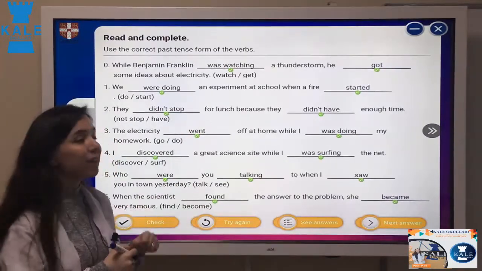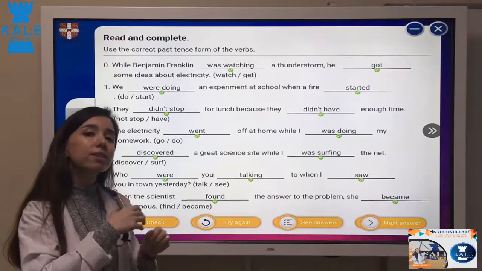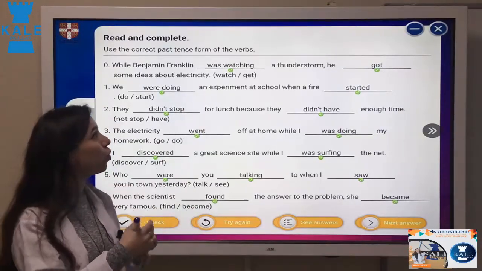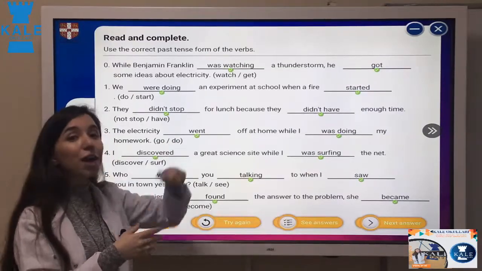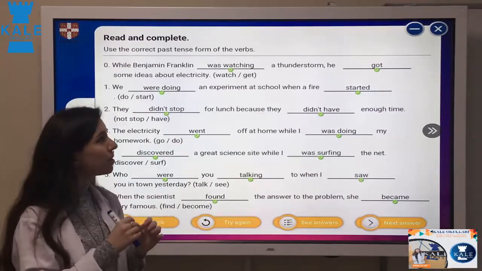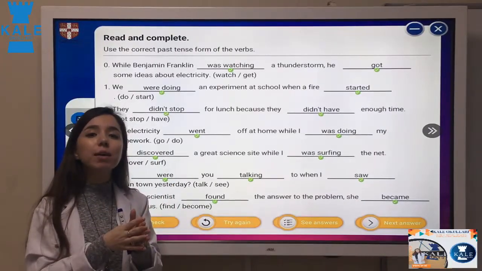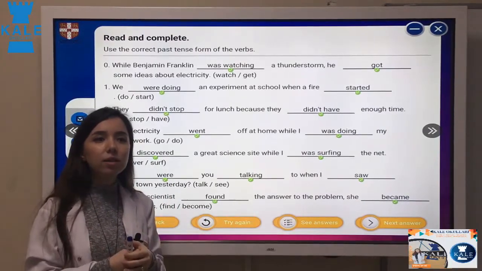At first, I thought the exercise was just about past simple, because of that I told you here watched. But this way is better, we can do it at the same time, and explain about past simple and past continuous.